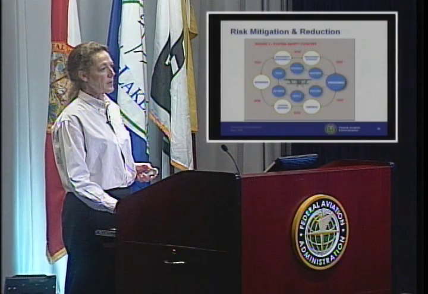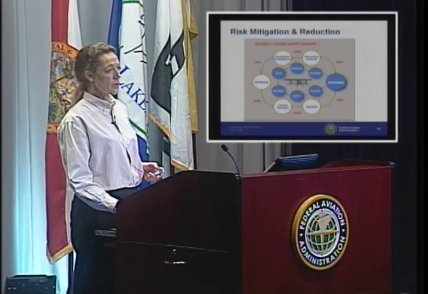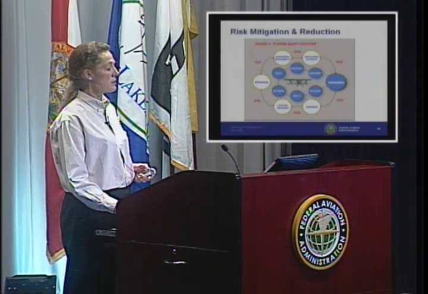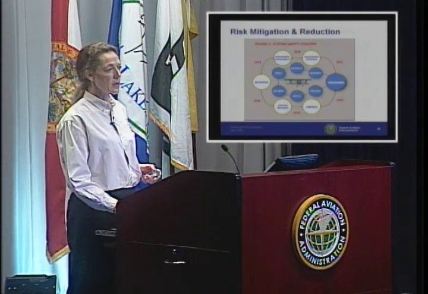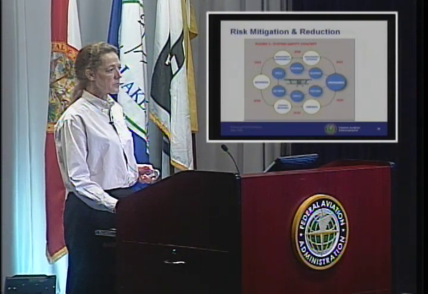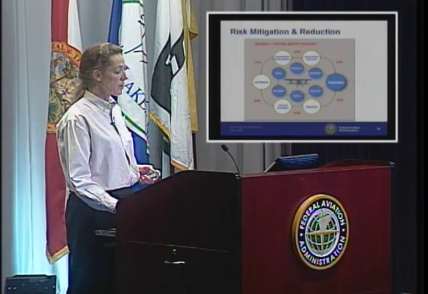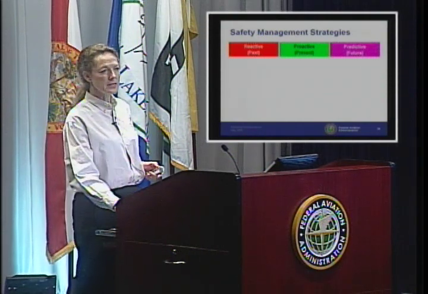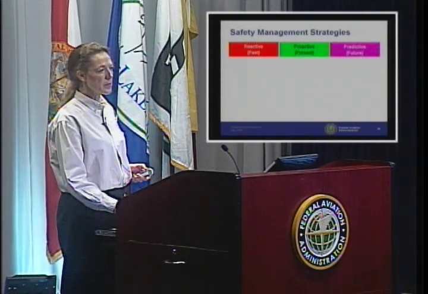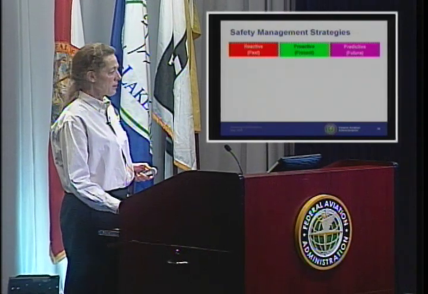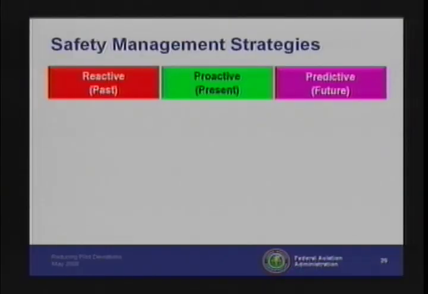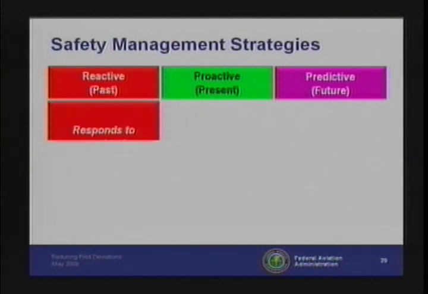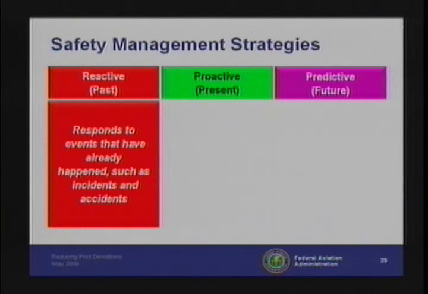So we're going to look at what Flight Standards is doing to identify what the root causes are, because we are very concerned that you are getting the training that is going to mitigate these pilot deviations and is appropriate for your operation. So if we're collecting this data to make our own procedures better, we're going to look at information that comes from the GA community, those that have pilot deviations. We're going to fix what's wrong.